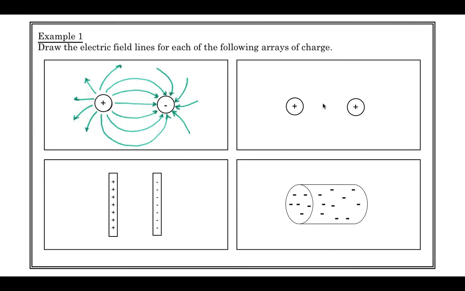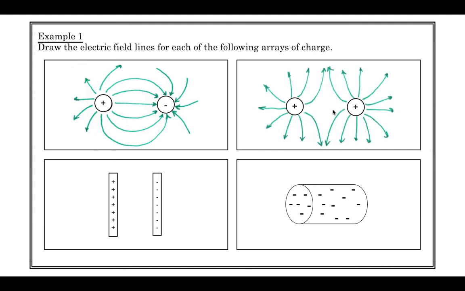If I put a test charge right in the middle, what does it do? A positive test charge right in the middle probably wouldn't do a whole heck of a lot. It would probably stay put because it wants to get away from this one, but it also wants to get away from this one. So you end up with an electric field that at all points wants to get away from these 2 charges, but right in the middle, you'll notice an absence of electric field lines.